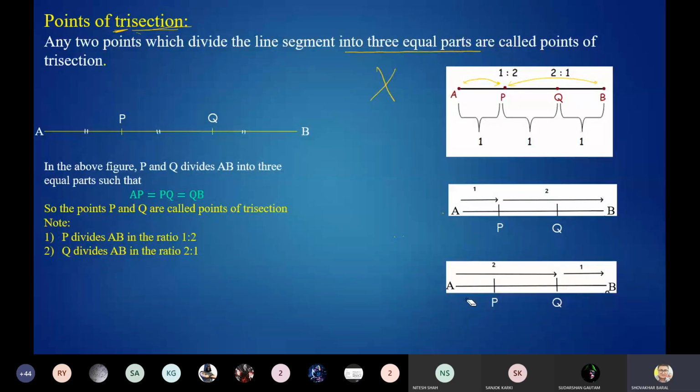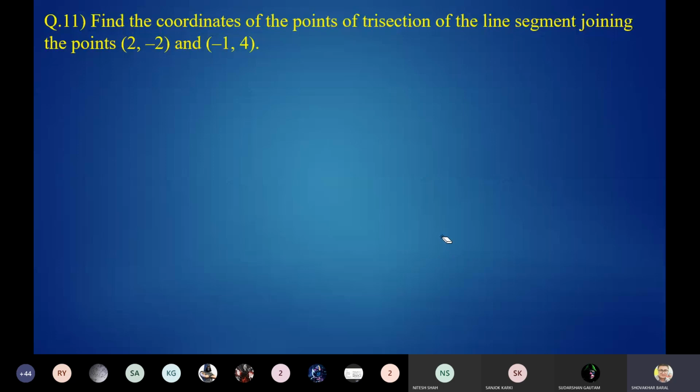Again, Q divides AB in the ratio 2:1: the distance from A to Q is 2 and from Q to B is 1, two parts and one part, so it is 2:1. So remember, the first point divides the line segment in the ratio 1:2 and the second point divides it in the ratio 2:1.